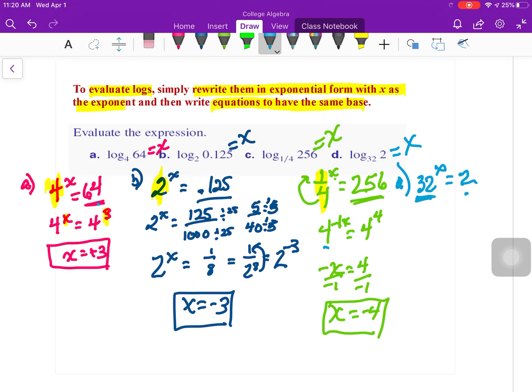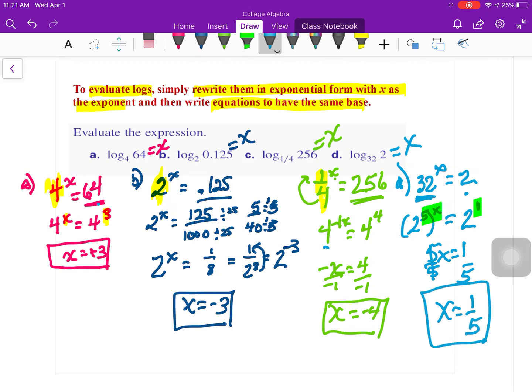So I need to rewrite 32 as base 2. 32 is 2 to the 5th, and I still have that power of x, equals 2, which is 2 to the 1. So this means that 5x equals 1. Divide by 5, x is 1/5.